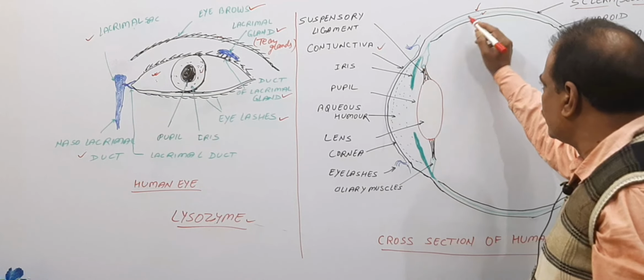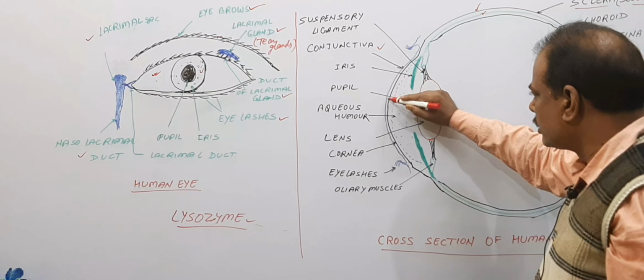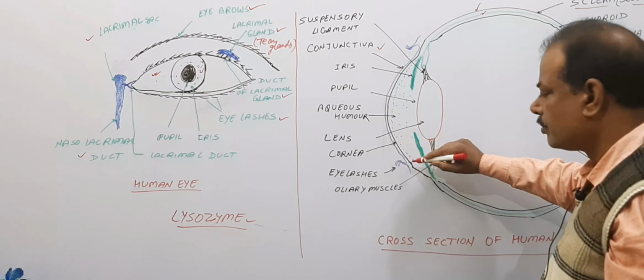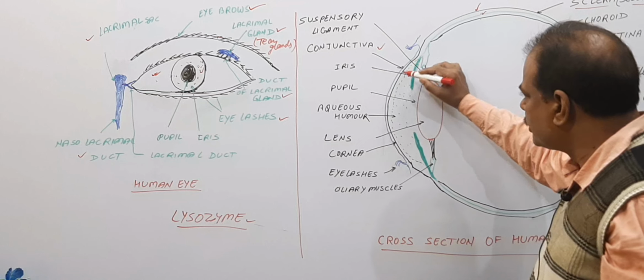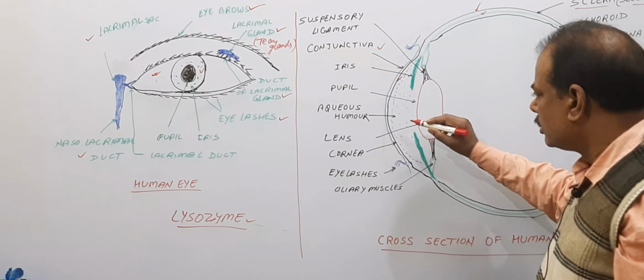In the front part, the sclera becomes colorless, meaning transparent, and bursts out and forms the cornea.